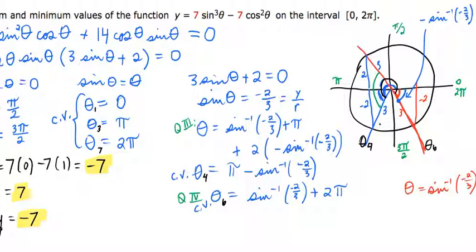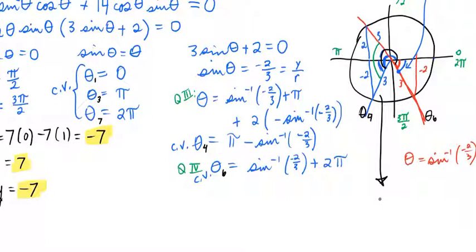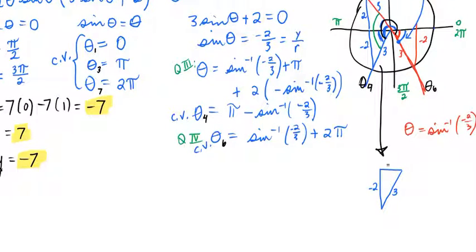In fact, it might be easier if we blow up the diagram a little bit, at least that triangle. So that triangle for theta 4 looks something like this. The y is negative 2, the radius is 3. Now I'm going to need to find sine of theta and cosine of theta. Because I need cosine theta, I need this x value right there, so we'll use the Pythagorean theorem real quickly to find that x value.